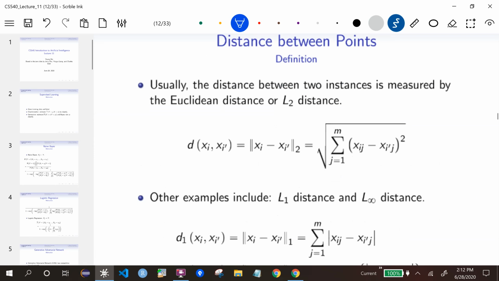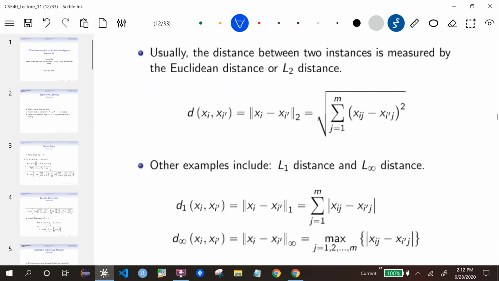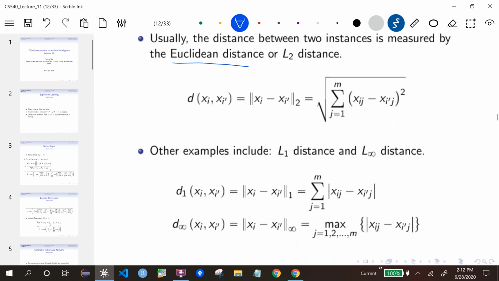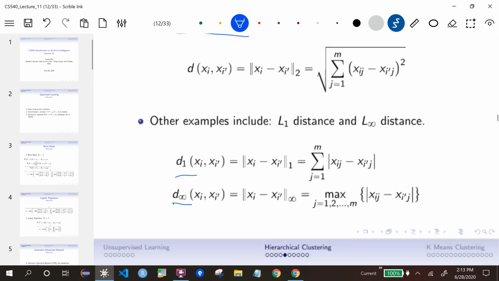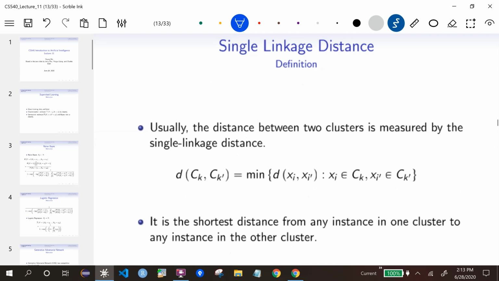And we talked about distances between points already, so I'm not going to repeat it. We usually use the Euclidean distance, but we do have the Manhattan distance and the infinity distances. But as I said, the important part is how to measure the distance between 2 different clusters.